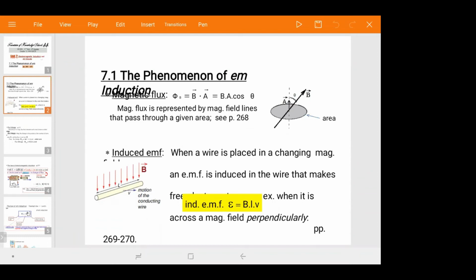In 1719, a person called Ørsted accidentally discovered that current produces a magnetic field. We also say induce. Then many things were done, as you know, Biot-Savart, Ampere's law, and so on, which we discussed in Unit 6.